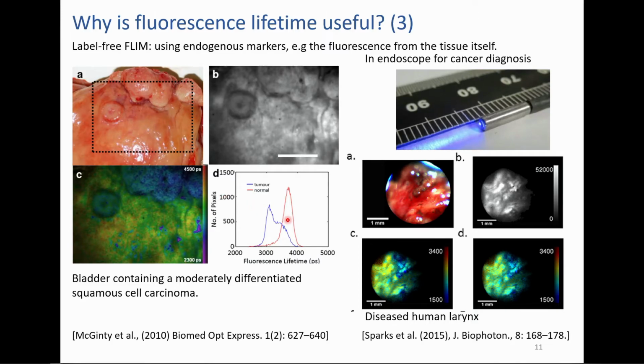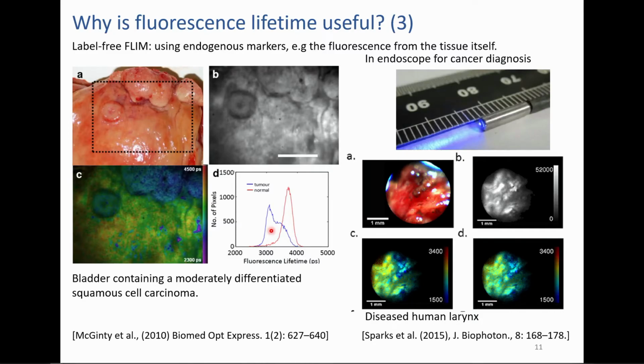And you can see here a spectrum. So this is a lifetime spectrum. So you look at the lifetime of healthy tissue in red here, and the tumor tissue has a lower lifetime. And the reason for that is that the tumor tissue is more oxygenated, and oxygen is a strong quencher for most fluorophores.